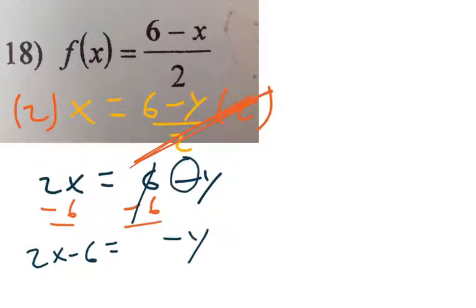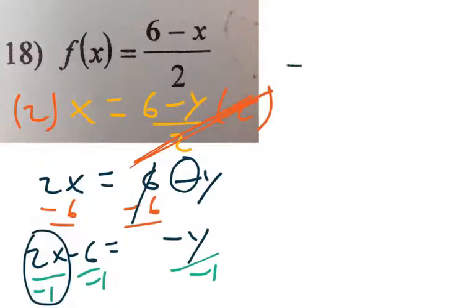Don't forget there's a negative right there. And so we have negative y instead of y. Well, what can we do next? Well, we either times or divide by negative 1. Notice how I'm timesing, or actually dividing, by negative 1. We call that distributive property. Okay, so what's 2x divided by negative 1?